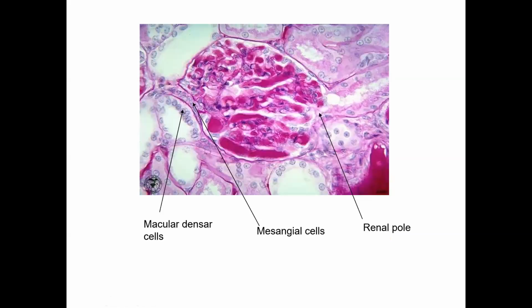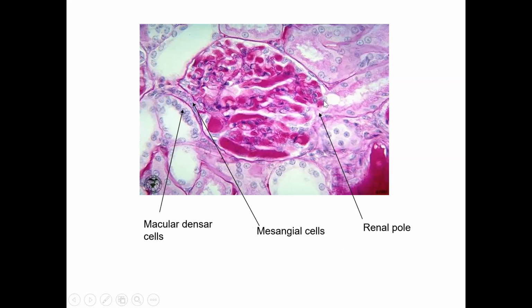This one I did label, so it kind of gives you an idea of the juxtaglomerular apparatus. So this is the renal corpuscle, and you have the glomerulus and the Bowman's capsule here, connected to the PCT.